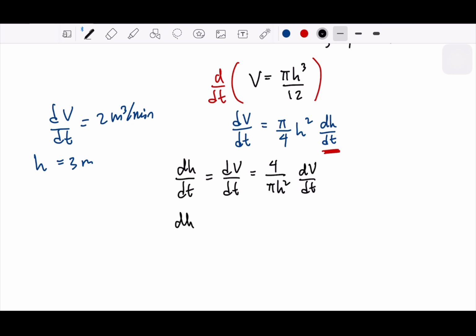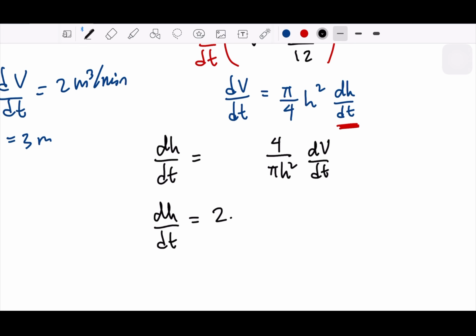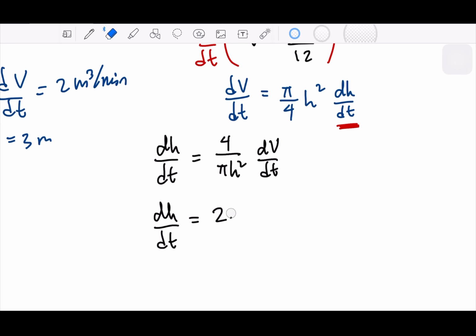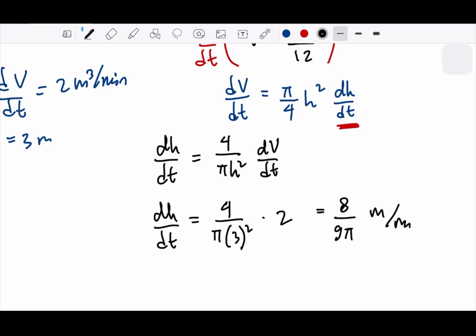So we substitute all the terms: dv over dt is 2, and h squared is 9. So this will be 8 over 9 pi meter per minute.